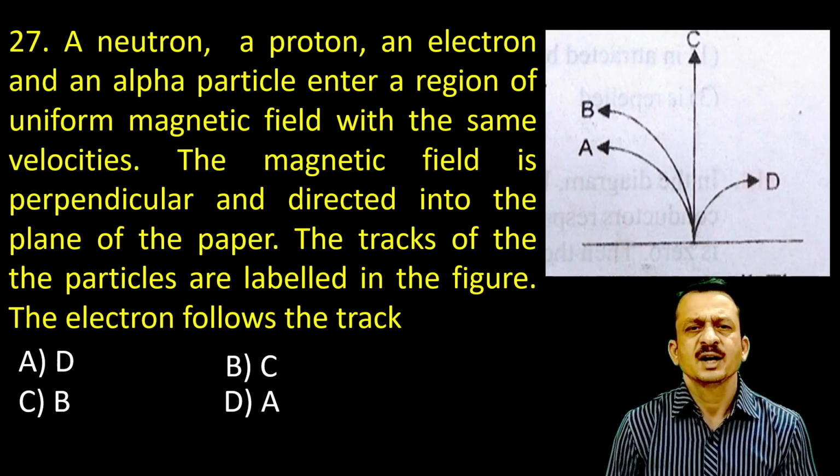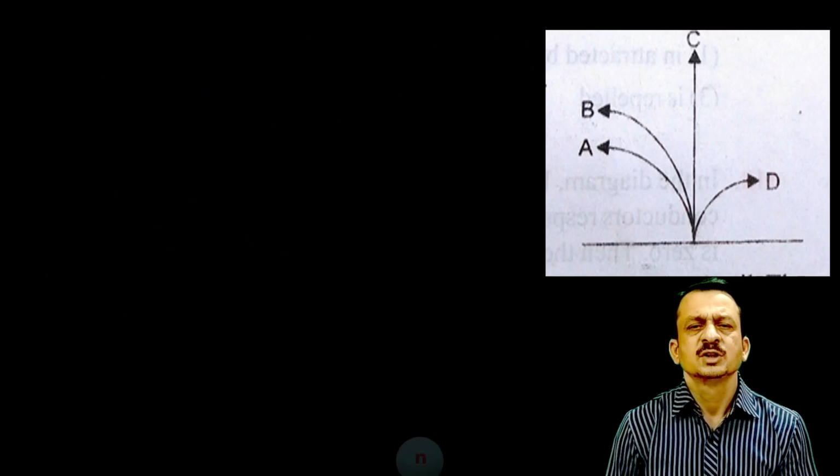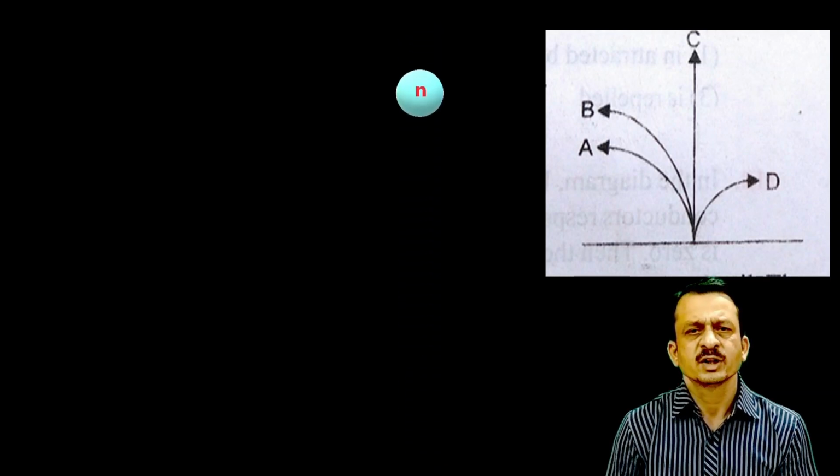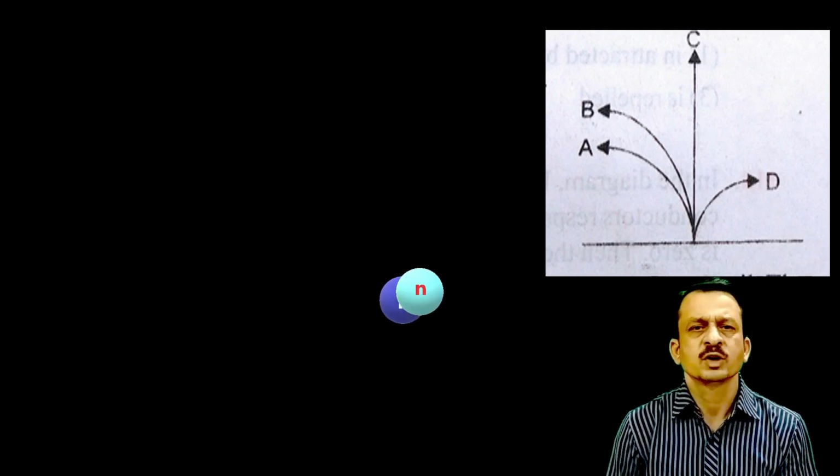Now we look at the animated diagram here. Now we have 4 particles. First is neutron, which is electrically neutral. Therefore in the presence of an external magnetic field, it will not experience any magnetic force, therefore it is moving straight away. Now consider the proton.